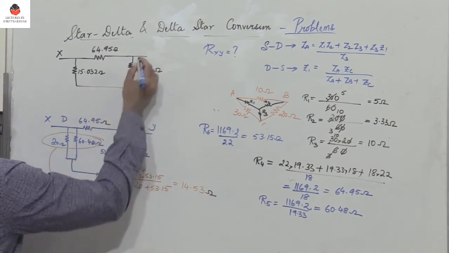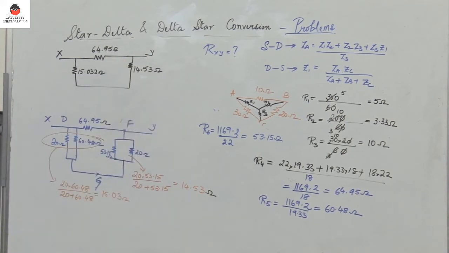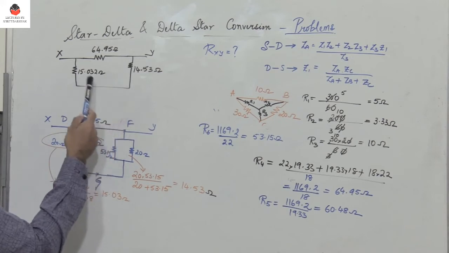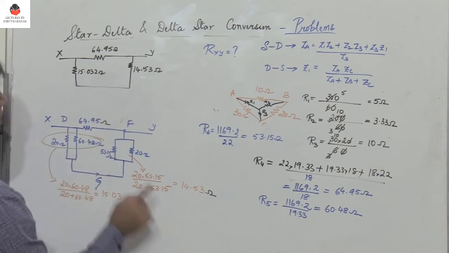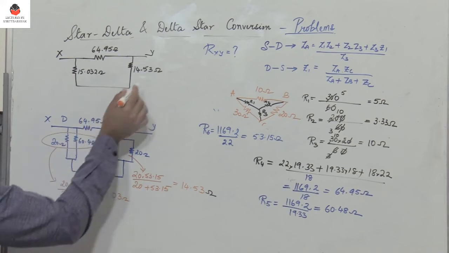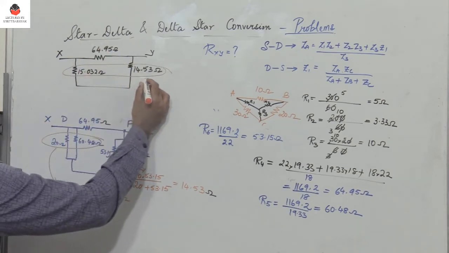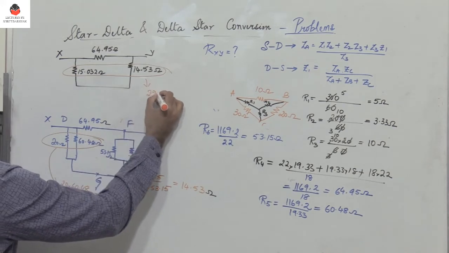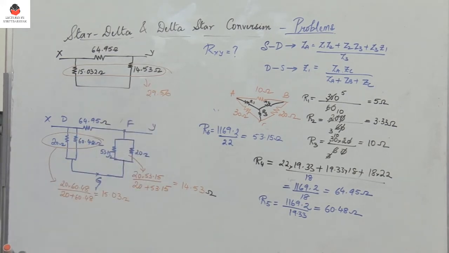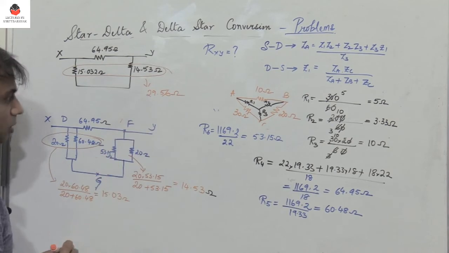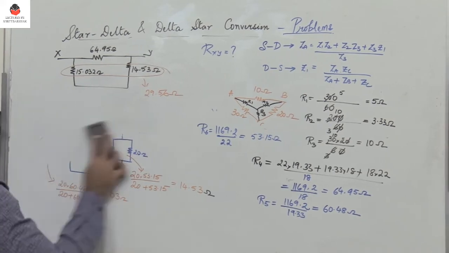And then this is Y. So observe that these two resistors are in series, so you need to add them. So if I add 15.032 plus 14.53, I get the value as 29.56 ohm.